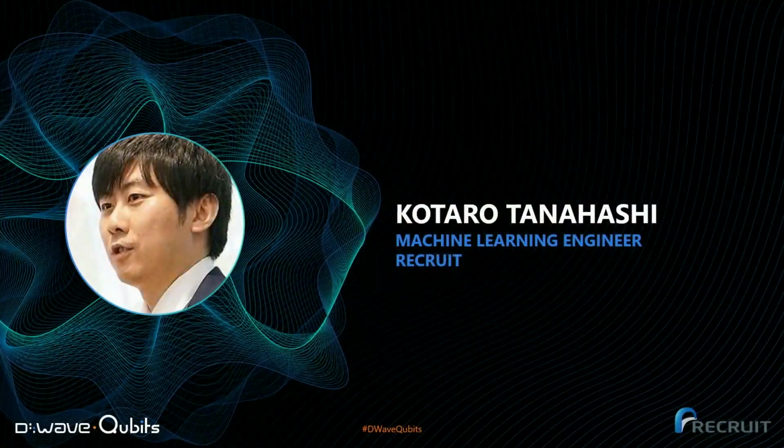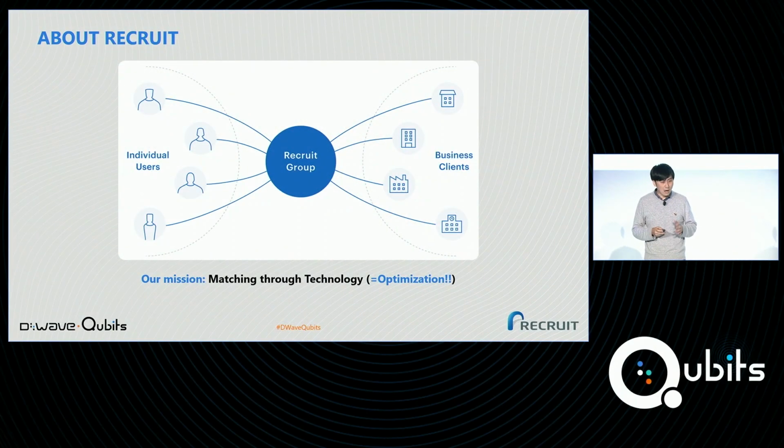So, hello, everyone. Thank you for giving me an opportunity to talk about my project on TV commercial optimization. Before we begin the presentation, let me introduce myself and our company. I have been working on the applications of quantum annealing since 2015 with Shu Tanaka from Keio University.